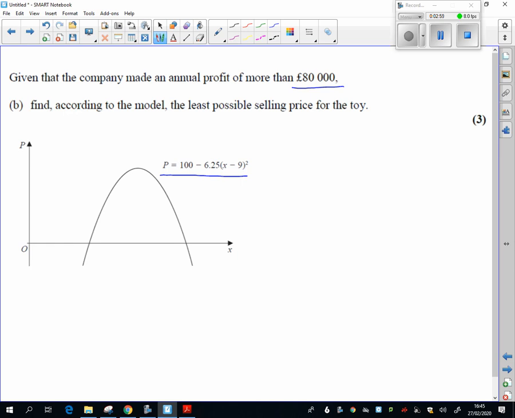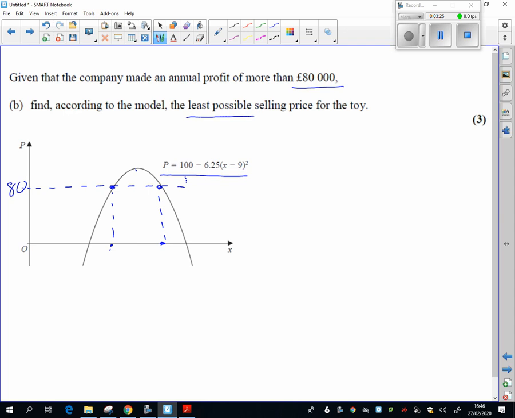I actually don't need the vertex until part C, but I can see from that the vertex is at 100. So 80 on the p-axis would be about there. So if they set the selling price anywhere between those two values of X, then they're going to make a profit of more than £80,000.